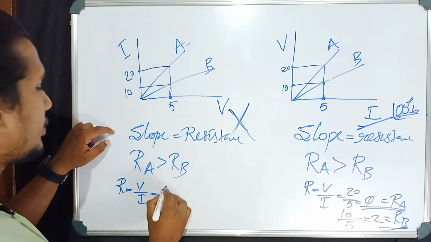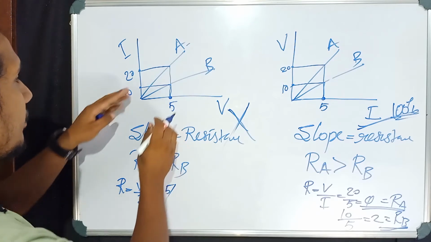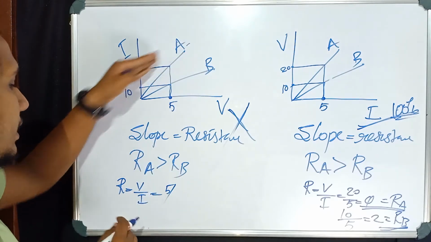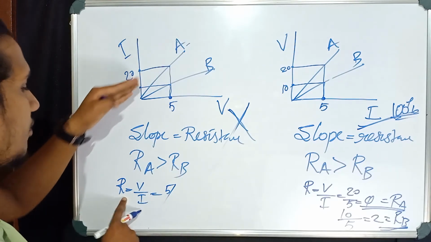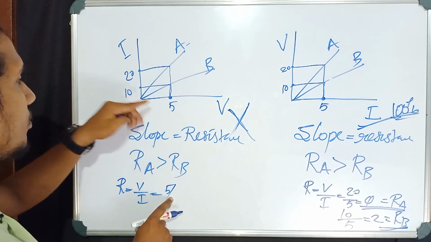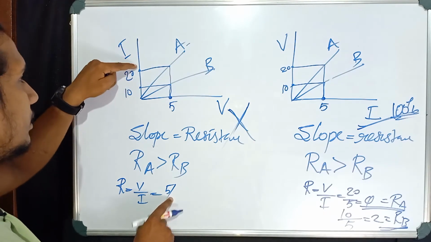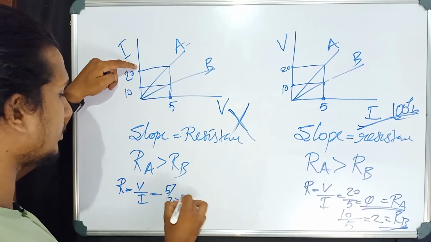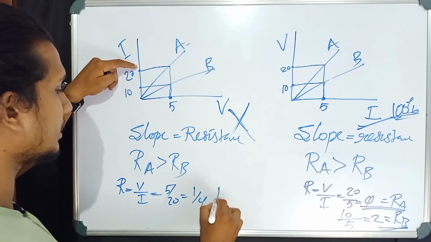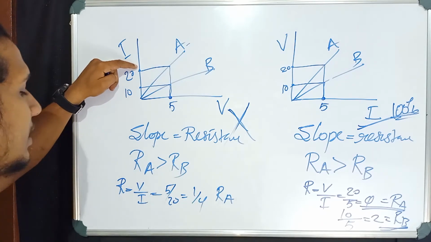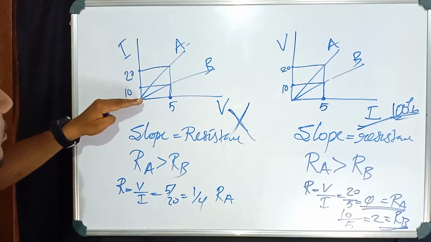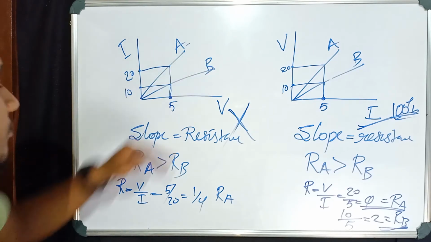So what is the voltage here? 5. I am finding the value of resistance for this graph, and the voltage is 5. So 5 divided by what is the current? For this graph 20. So 5 by 20, that is equal to 1 by 4. This is the resistance of RA. And what about this graph?